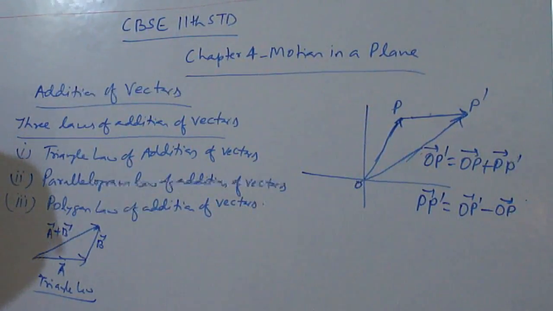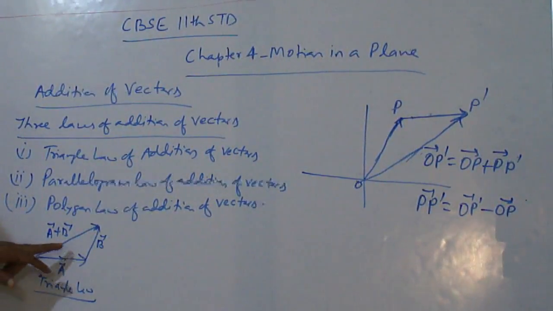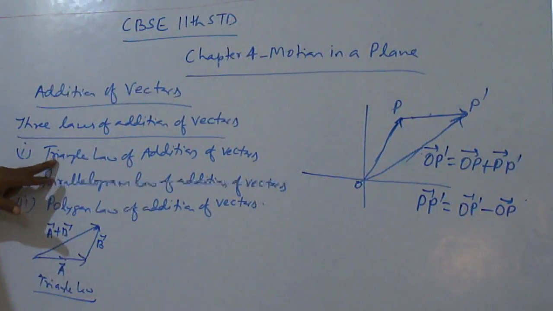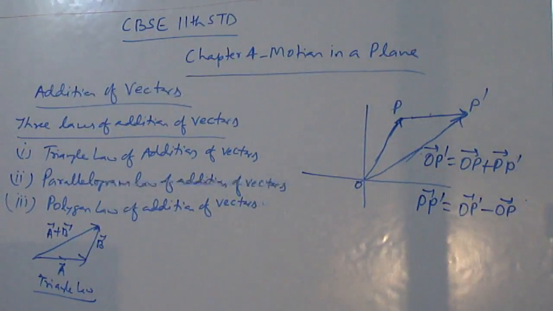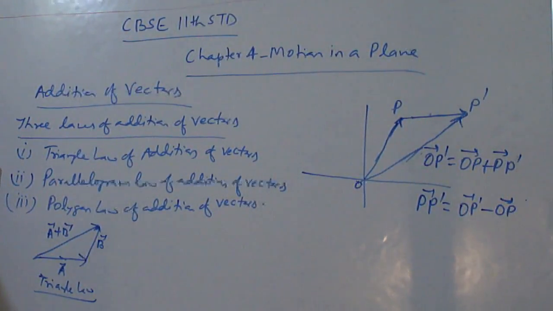Then we will be going for parallelogram law. So in triangle law, if two vectors are represented by two sides of a triangle, then the third side will be the sum of the other two sides. That is the definition.